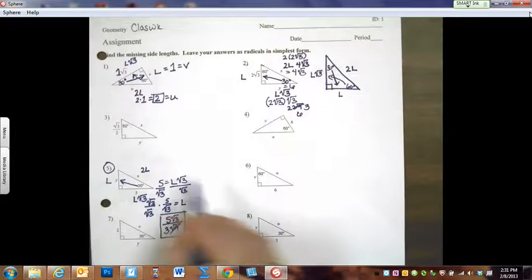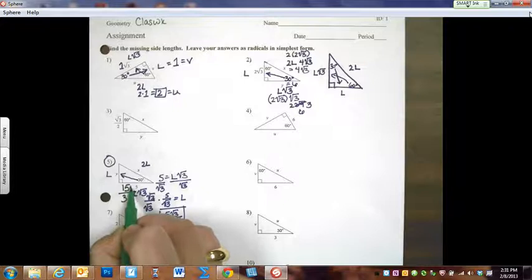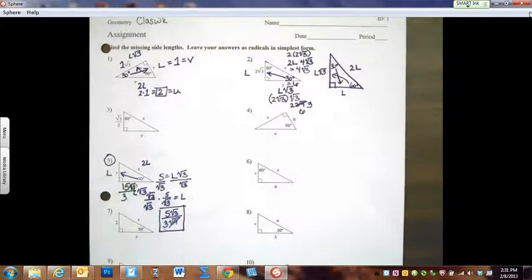Let's say instead of 5, I make this 15. Well, according to my pattern, if I divide by 3 and multiply by the root of 3, what is that other side going to be? My leg would then be, well, 15 divided by 3 is 5, so it would be 5 root 3. And that would be what the leg is.